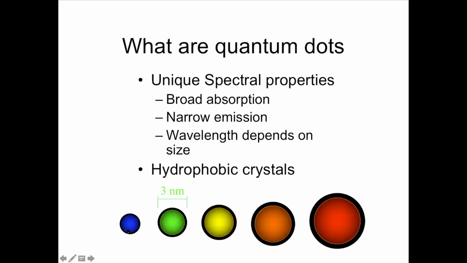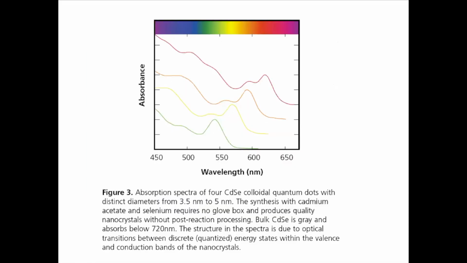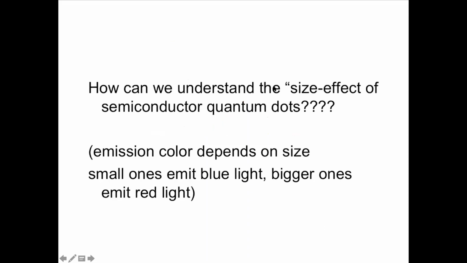So the size determines the emission color, and you can wonder, how does that work? Here we see the absorption of different sizes of particles. The absorption just shifts with size, and the emission color also shifts. So how can we understand this size effect of the quantum dots?